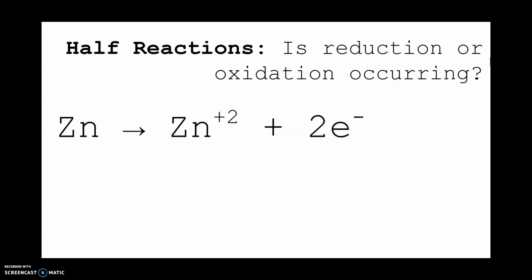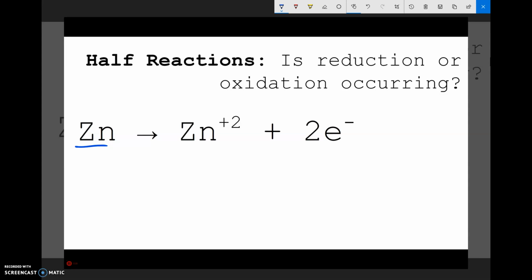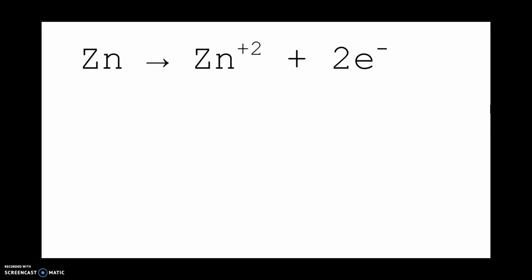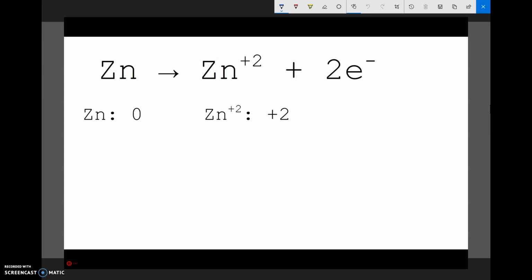Right here we have zinc atom going to a zinc ion. So what are the oxidation states of zinc and zinc with a 2 positive charge? So right here, our zinc is by itself, so it's going to be a 0, just like it says right here.